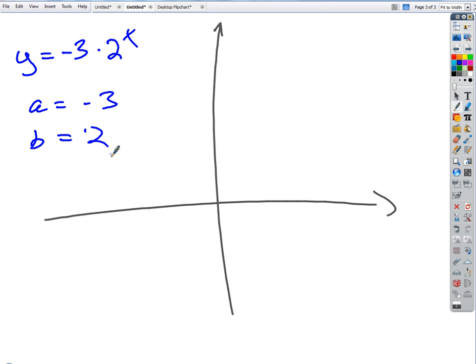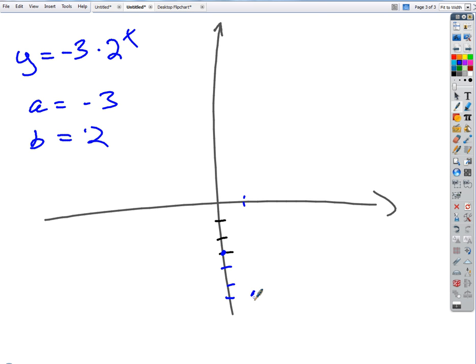And b, the constant multiplier, is 2. Good. So then we know that if we graph this, it's going to have a y-intercept of -3, and a constant multiplier of 2. So if I go 1 to the right, I'm going to get -3 times 2 to the 1, so times 2, -6.